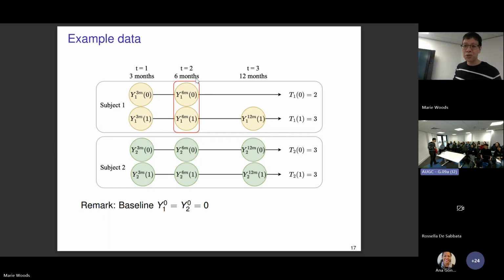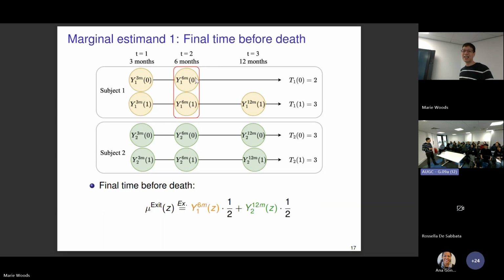So now we want to define an estimate for everyone, in particular for the first subject. Of course, we don't want to define the estimate at time 3 because this subject would have died by then. So instead, the closest thing you can do is pick the last time point before their death, which in this case will be 6.